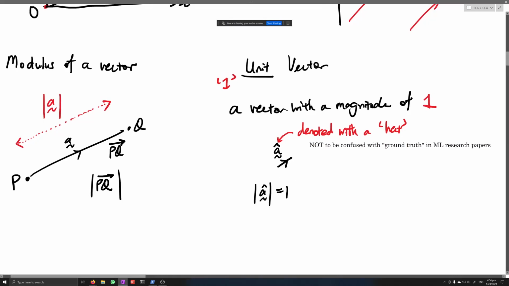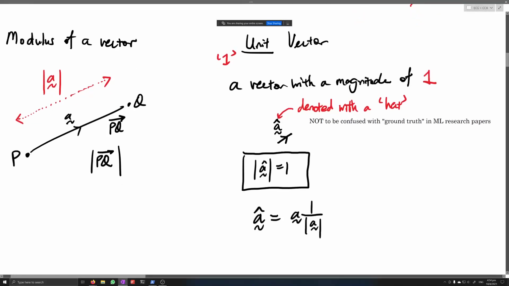And if we were to find the unit vector from the original vector, we will basically get this relationship where the unit vector is the original vector multiplied by 1 over its modulus.